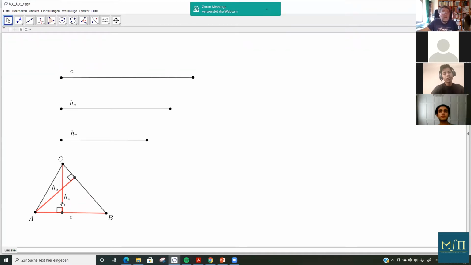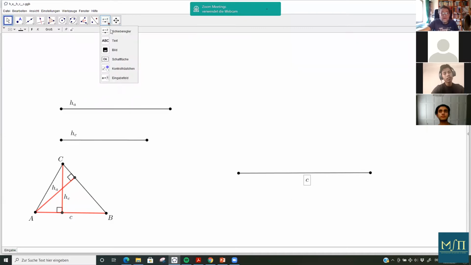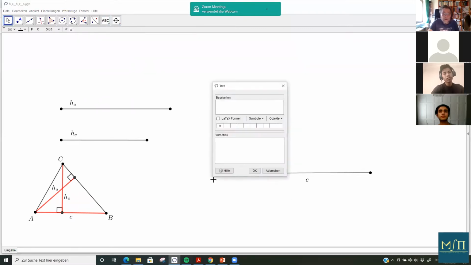So what we can do here is to just take the length of the side C, which we're going to use the lengths that I've put up here, and just push this line segment C somewhere else. All right, now I'll put it over here and just call this the line segment C. So we can say, starting right from the start here, that the two endpoints are already the vertices A and B.